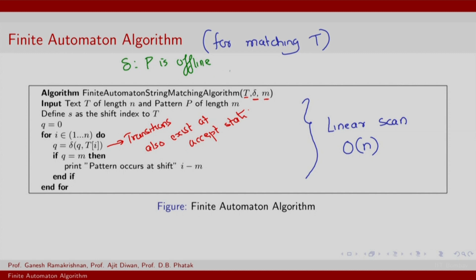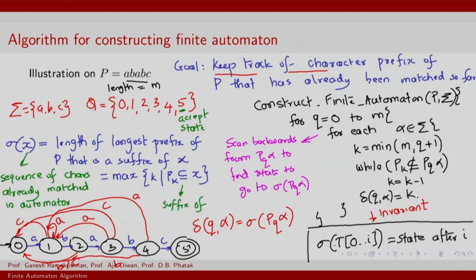Let us however note what the complexity of computing delta is. So note that in this algorithm for constructing finite state automaton, we had one scan over the pattern P, the outer loop. Now for each element of the alphabet sigma, I am going to incur the cost of running the loop on m. So basically you need to multiply m with the size of sigma. Is that all?